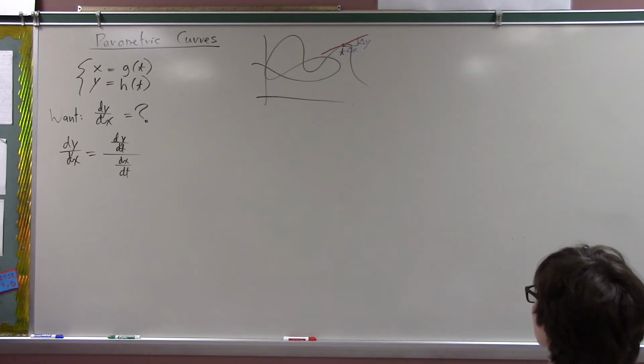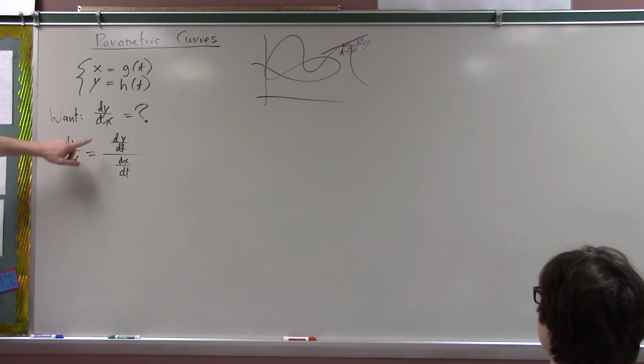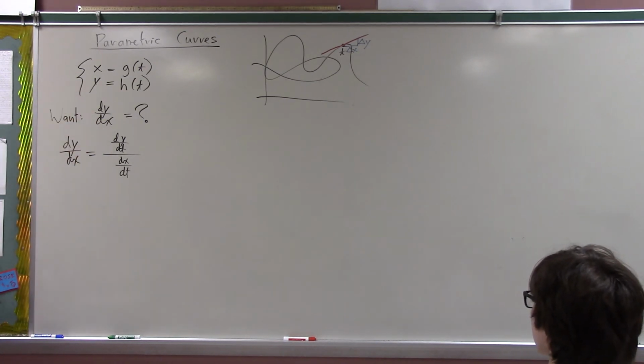He even said more things, which is that derivatives are not fractions. They're limits, but they're limits of ratios, and so they act like ratios, and this is one of the cases in which they act like ratios. In fact, we have a theorem which says that derivatives act like fractions, and that theorem is the chain rule.